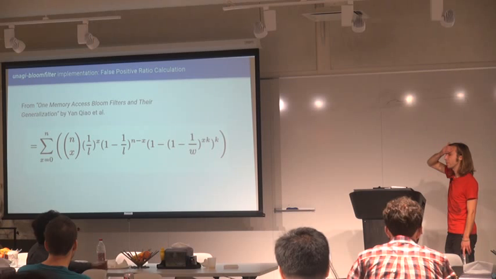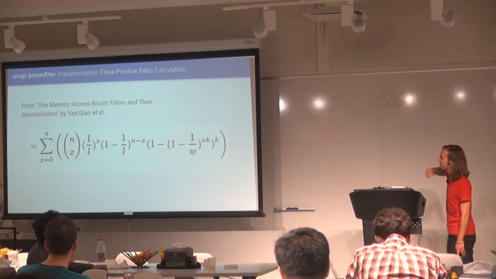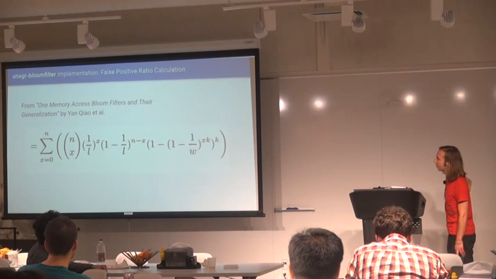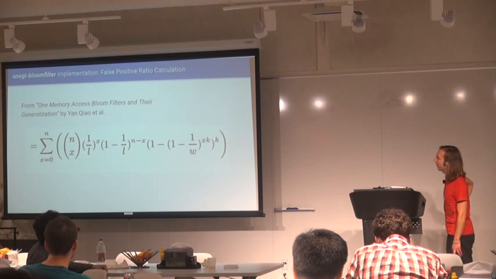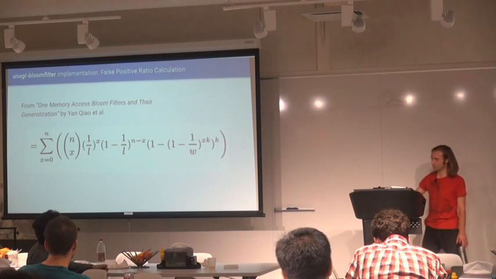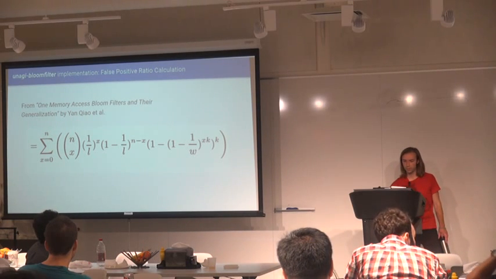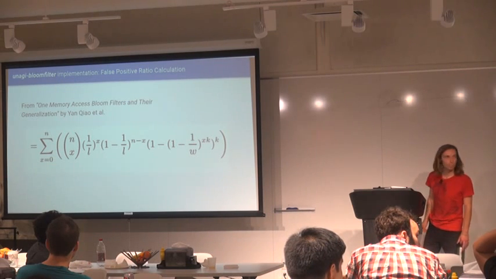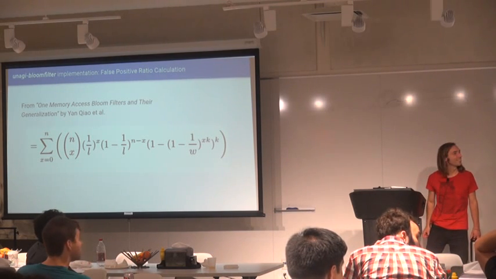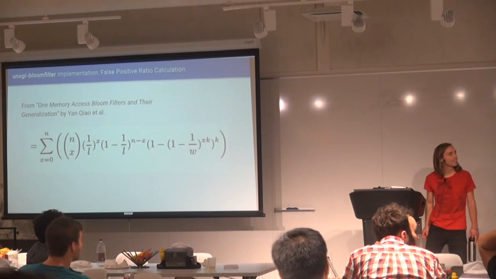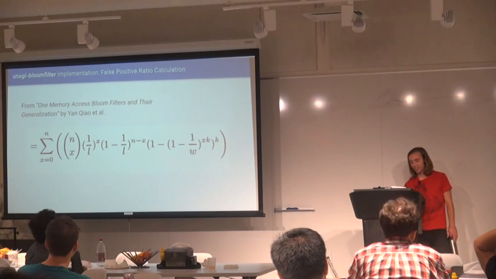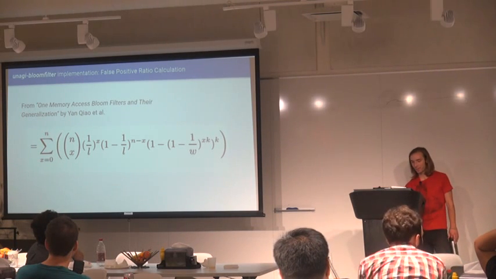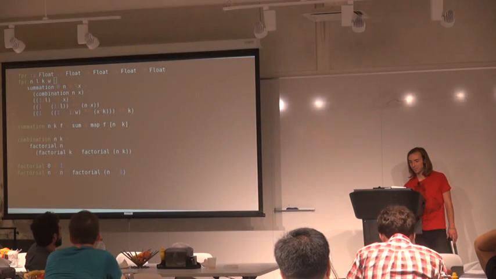Yeah, W might be word size, or it might be log word size, log base 2 of word size. N maybe is the number of elements in the filter. Maybe it would be easier to figure it out. Yeah, so remember that and then figure it out yourself from this.